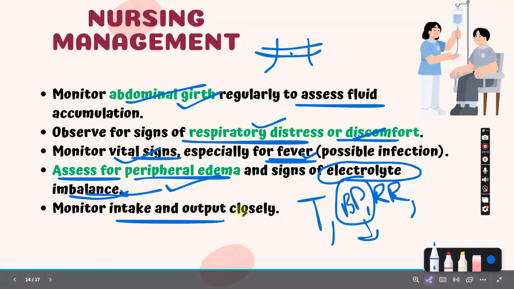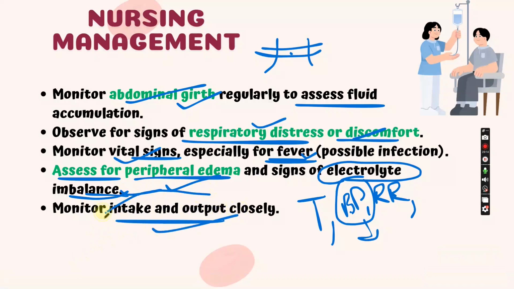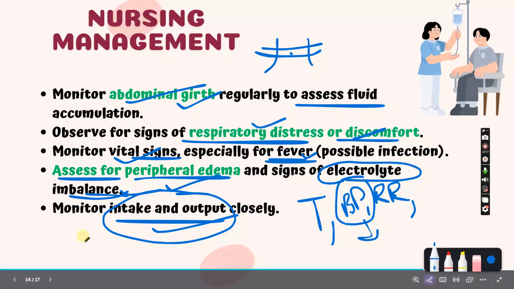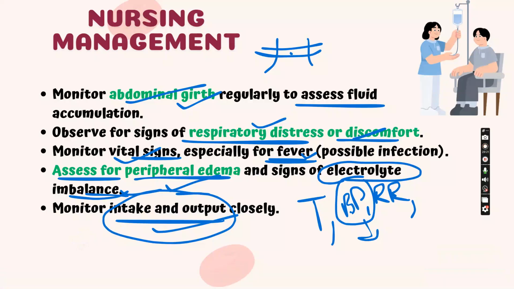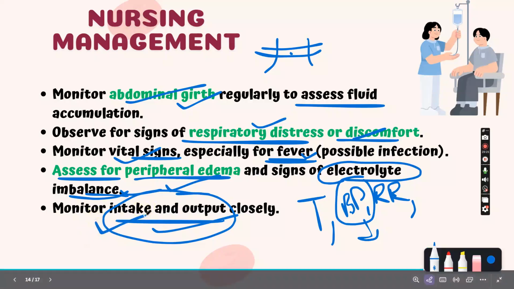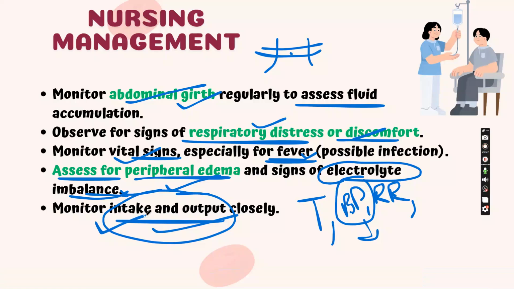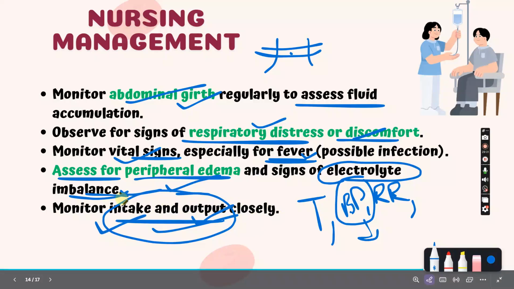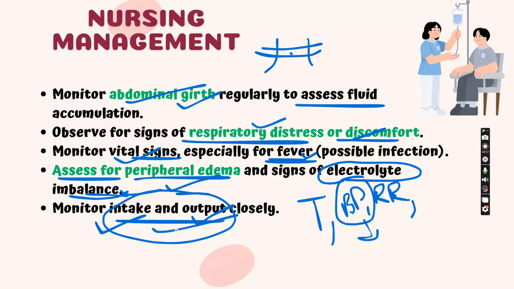So monitor intake and output closely. This is a very important sign. Intake and output must be observed clearly and closely, and should always be known. So we have to see what the patient has taken or consumed and what the output is. We have to do some mathematical calculations here to find out how much fluid is in the body and how much is out, how much the patient has taken in as diet.